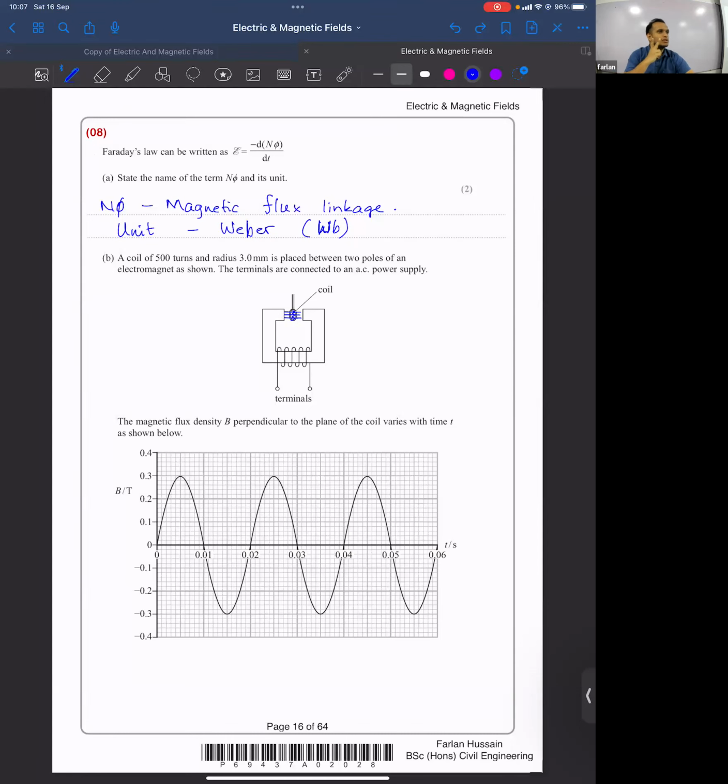I told you to take 2 minutes. Don't give me an answer before that. Think about it. But what is B? Magnetic field. B is magnetic flux density.